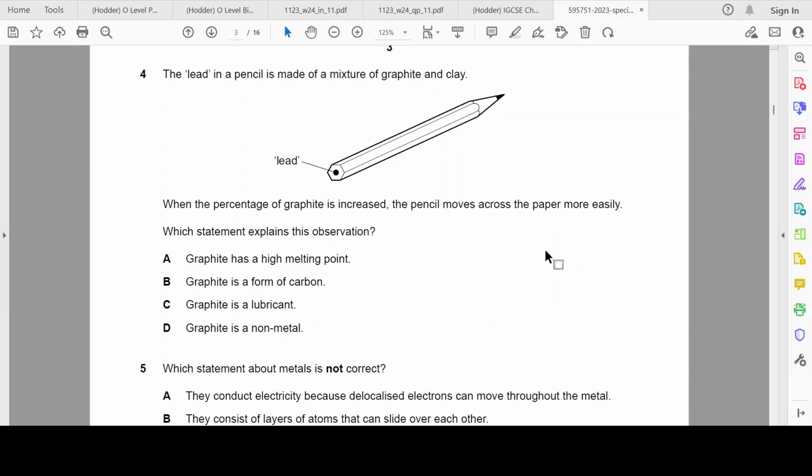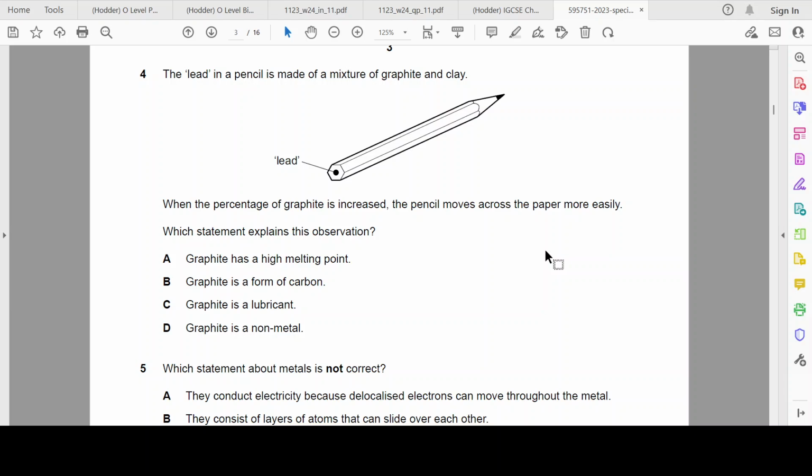Well, eliminating method. Graphite is a lubricant? No. Go ahead, go through your process. I'll talk about it later. Graphite is not a lubricant.